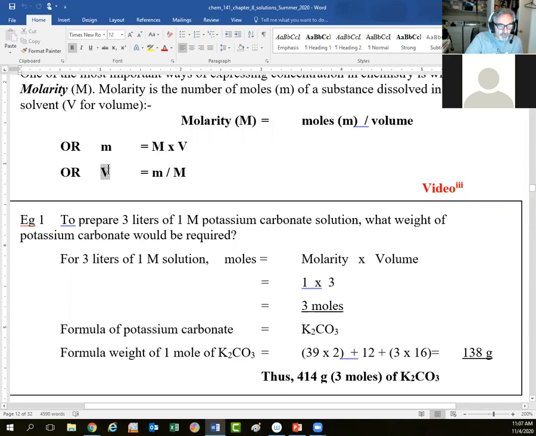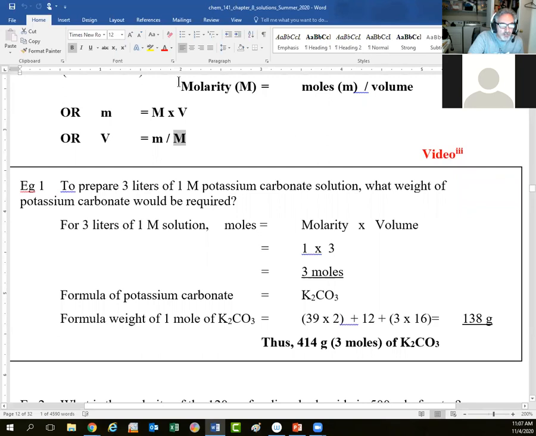Or if we want to know the volume of the solution, which mainly becomes useful if we're trying to create a solution of a particular concentration, we take the total moles of solute that we have, the desired molarity per litre, and the moles divided by the molarity gives us the volume of the solution. Always start with base principles of molarity equal to moles divided by volume.